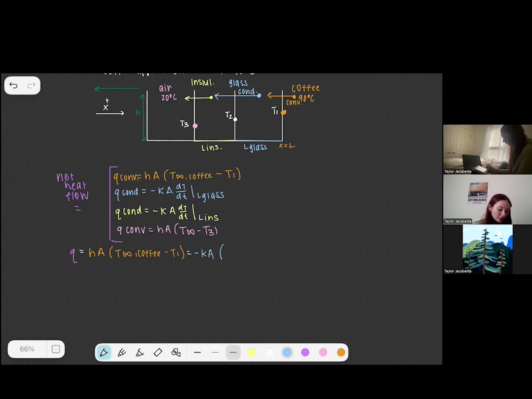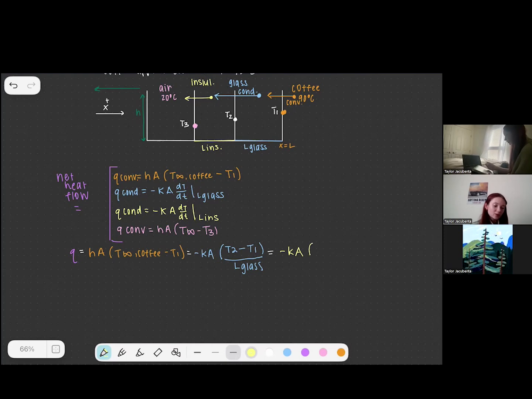And we're going to have T2 minus T1 all over the length of the glass, which is equal to the negative coefficient times area.